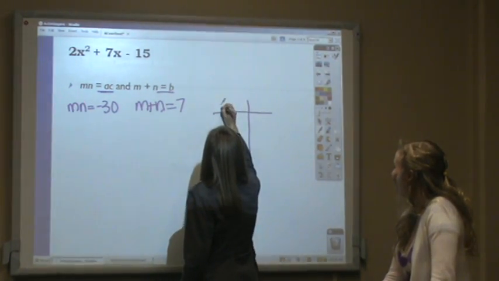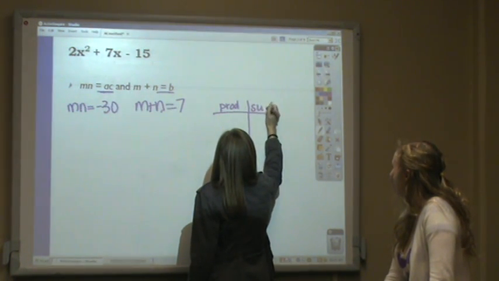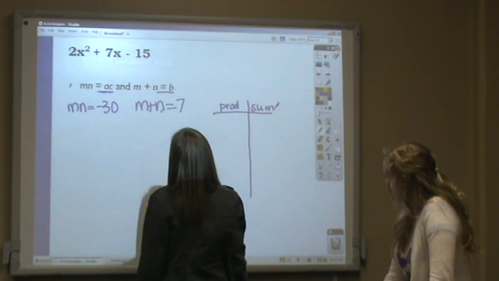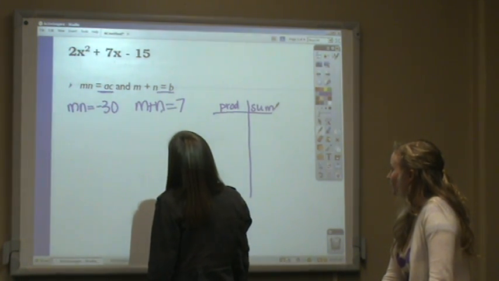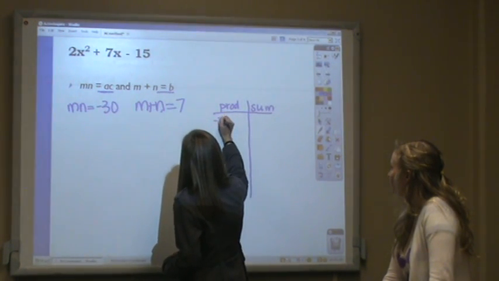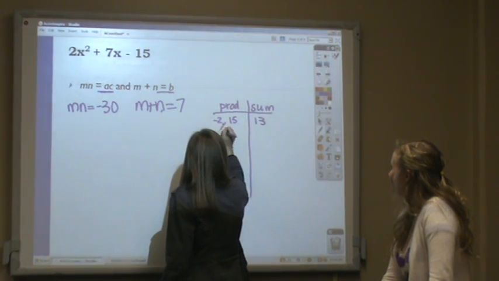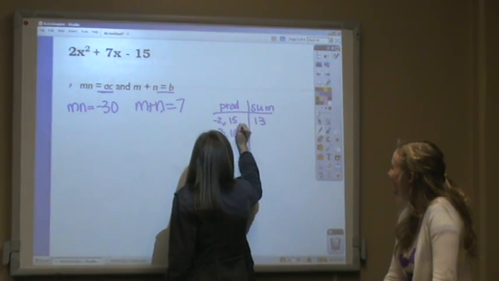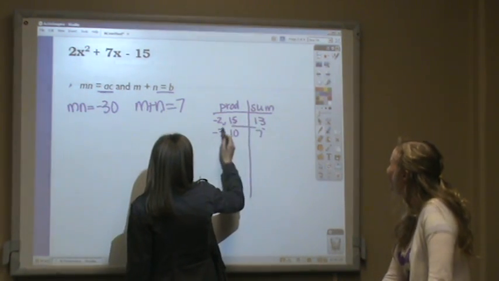Make a table. Alright, so. Ooh, look at that? We found it!